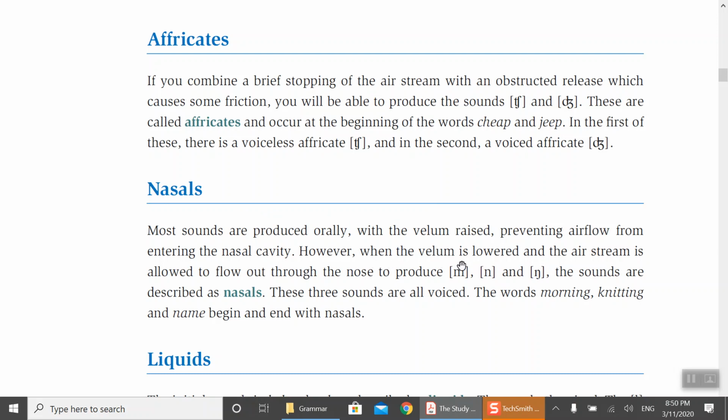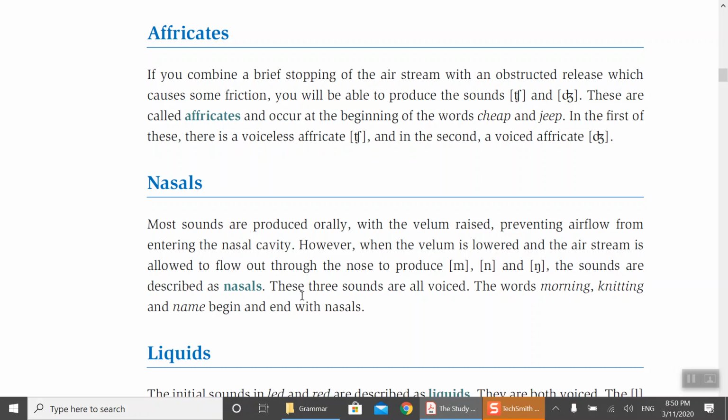When the velum is lowered, the air stream is allowed to flow through the nose. These sounds are described as nasals.